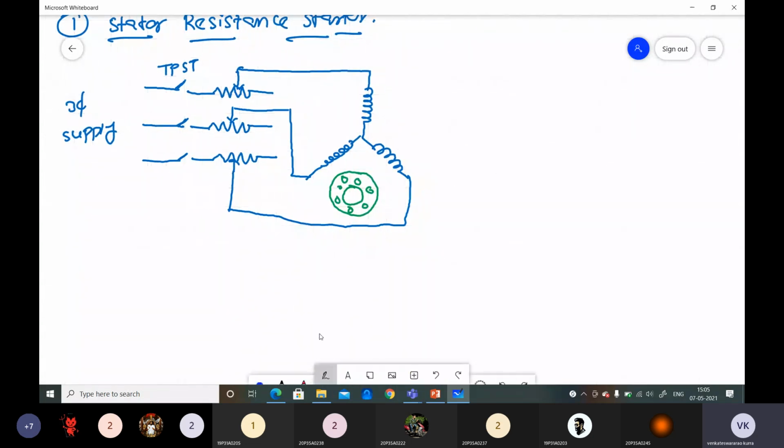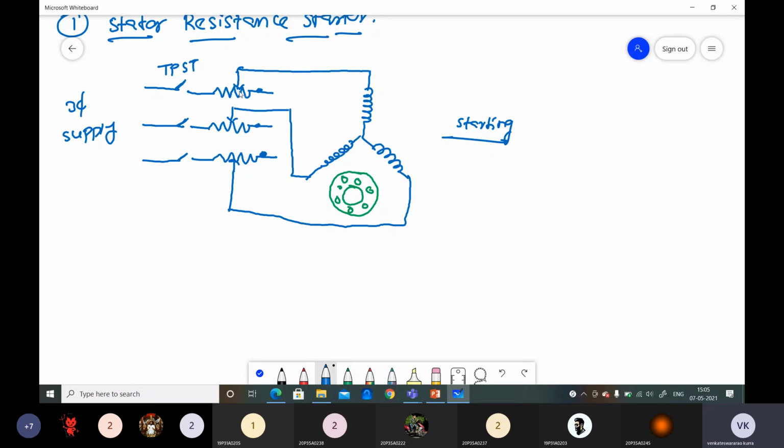At the starting condition, these variable points are kept at these points. If you keep them at this point, the complete resistance is included in series with each winding.